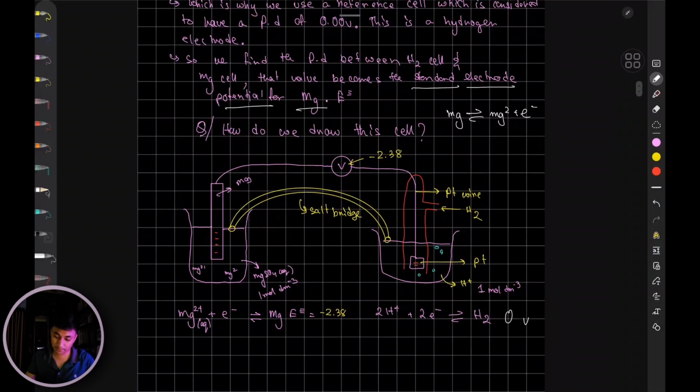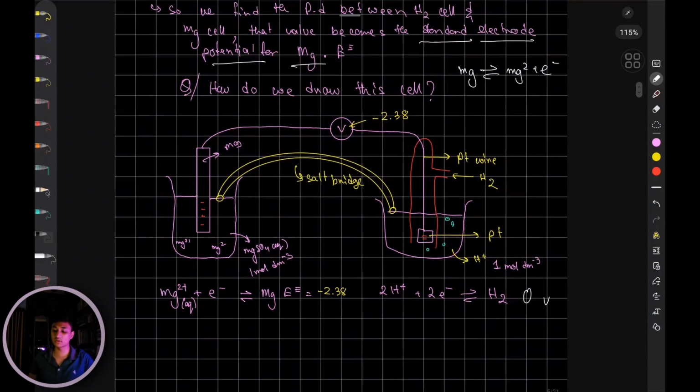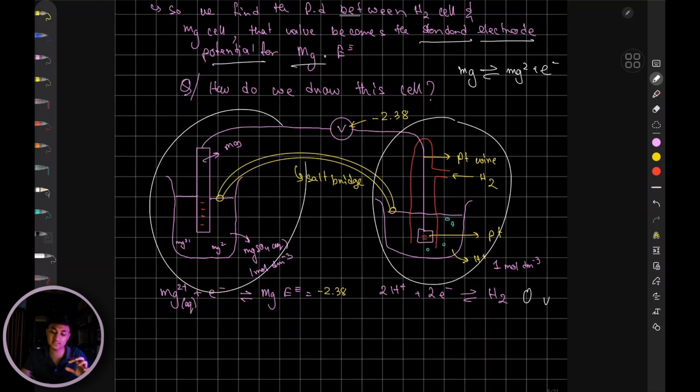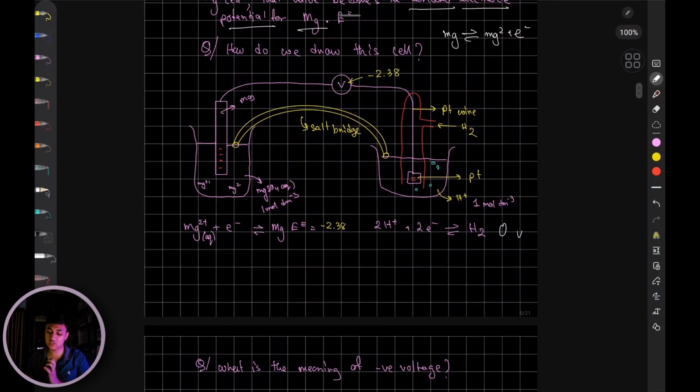That is, the potential difference between these 2 points and the potential difference between hydrogen gas and the H+ ion concentration is going to result in a net potential difference between both of these half cells, right? And in the case of magnesium ions, that reading turns out to be minus 2.38.